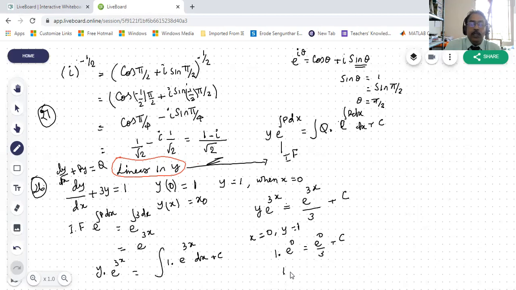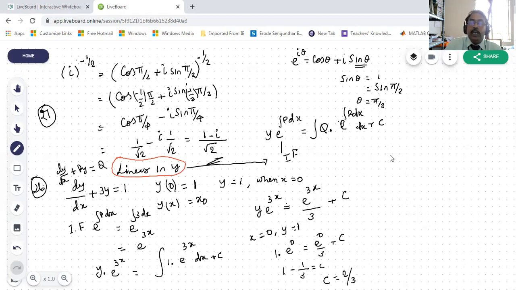So 1 minus 1 by 3 is equal to c. So what is c? C is equal to 2 by 3. All these efforts are to find the constant.